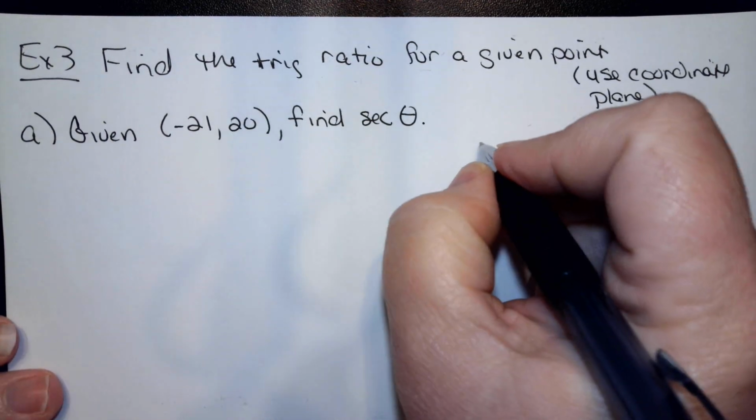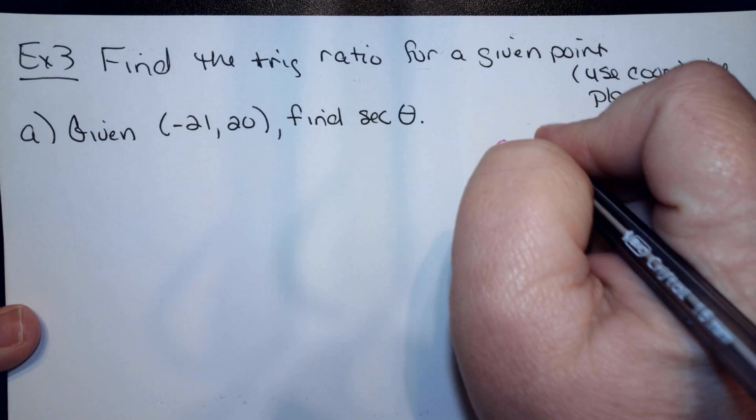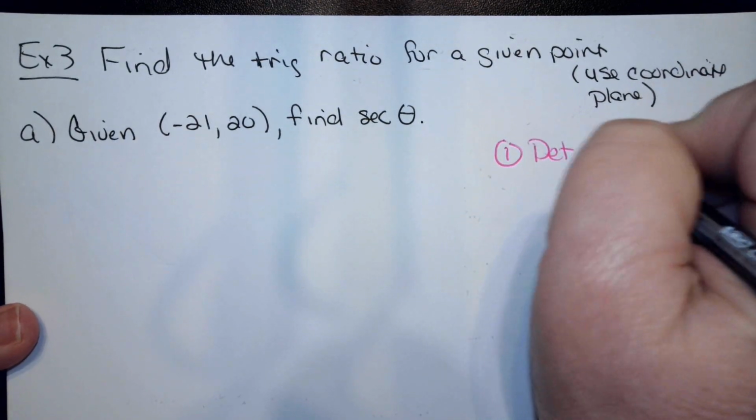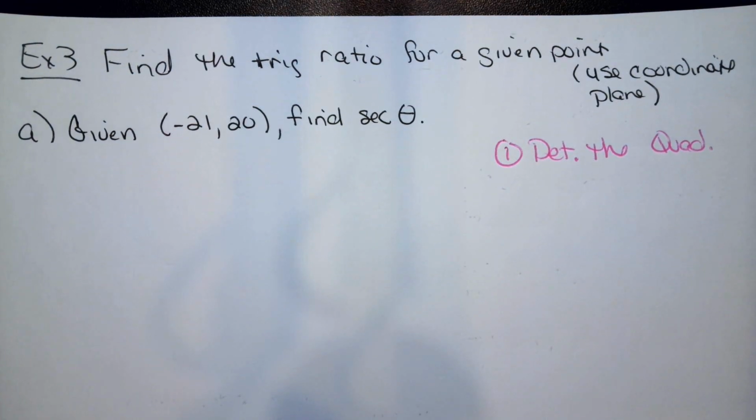All right, so there are a couple of steps that we want to do. Okay, the first thing we're going to do is determine what quadrant. So determine the quadrant that your point lies in. Does it lie in quadrant 1, 2, 3, or 4?